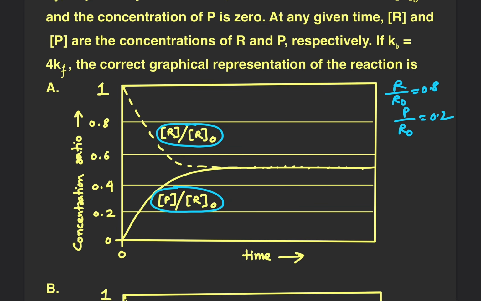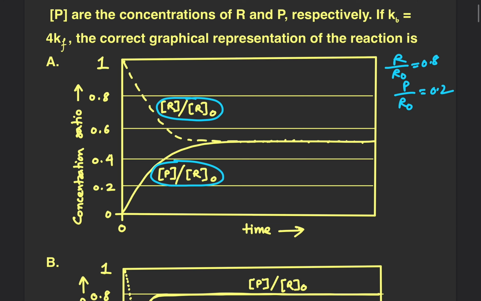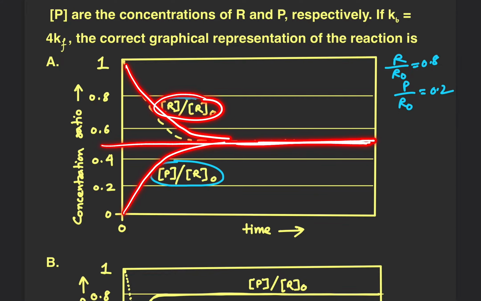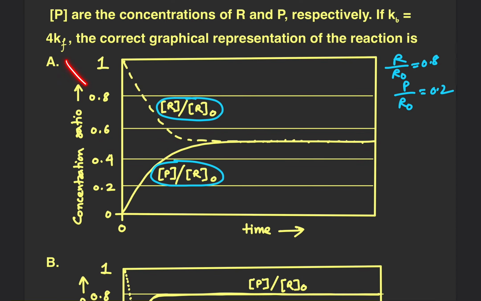In A, at equilibrium, P by R naught and R by R naught both are 0.5. So you can see P by R naught is 0.5 at equilibrium, and R by R naught is also 0.5. Therefore it is ruled out. This cannot be the correct answer.